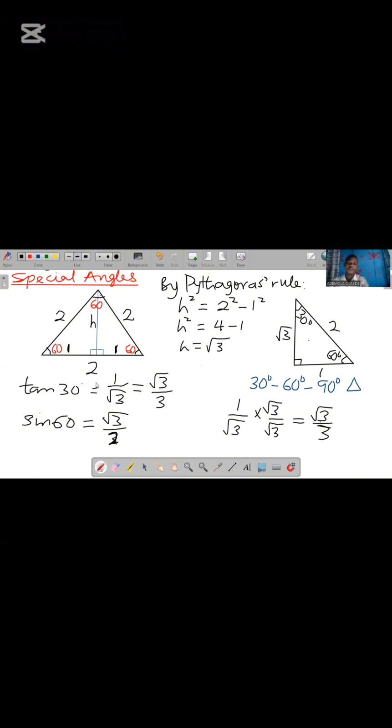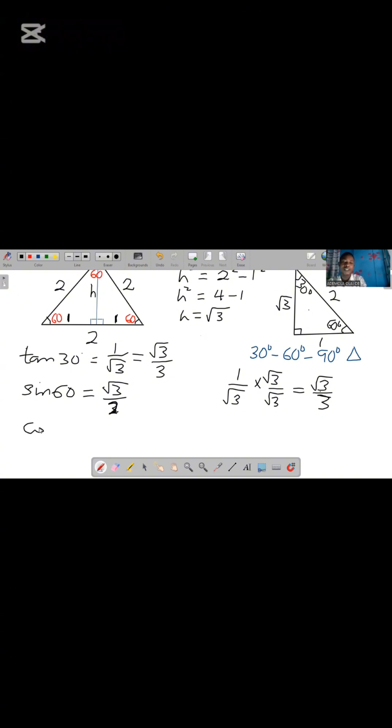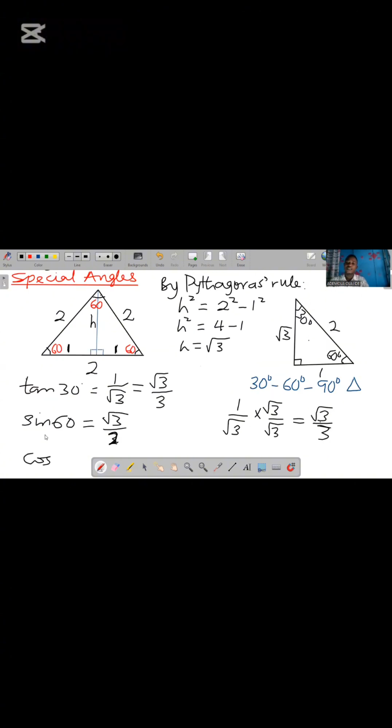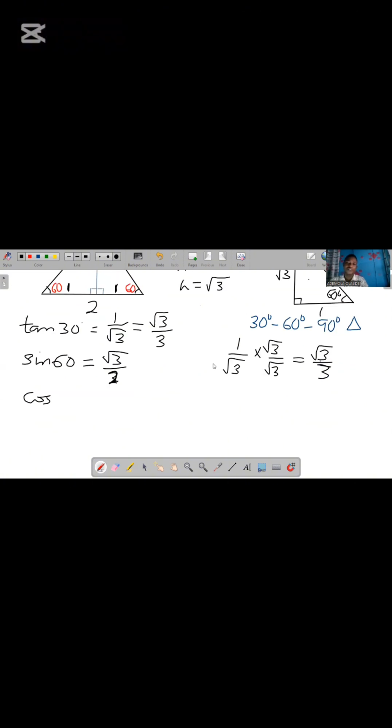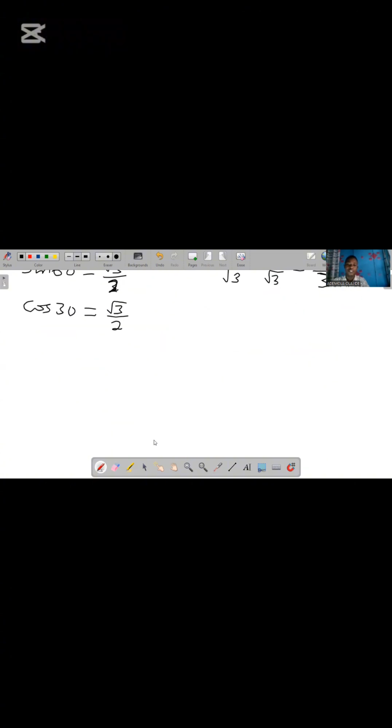So like that, if it is cosine, depending on which angle you want to find it for, let's find cos 30. Cos 30 will be adjacent over hypotenuse, which is root 3 over 2. So these are the exact forms of the trigonometric ratios of special angles.